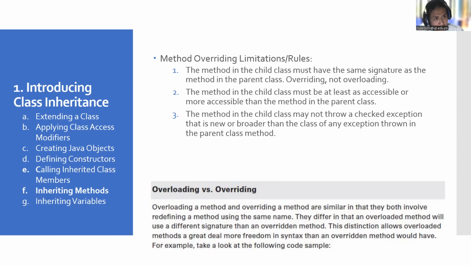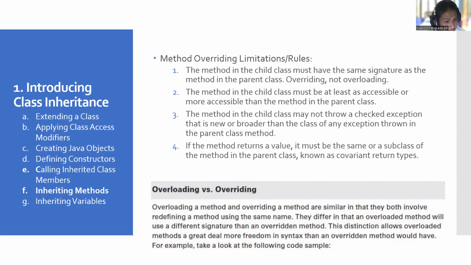Just know that exceptions are runtime errors. So if your method throws an exception and you inherit that method, it cannot throw broader exceptions than those thrown by the parent class. We'll check more of that when we discuss exceptions.